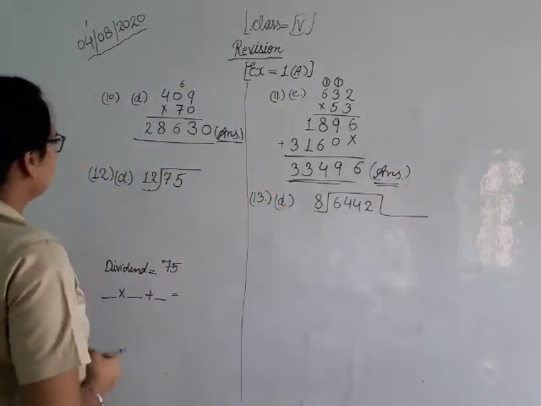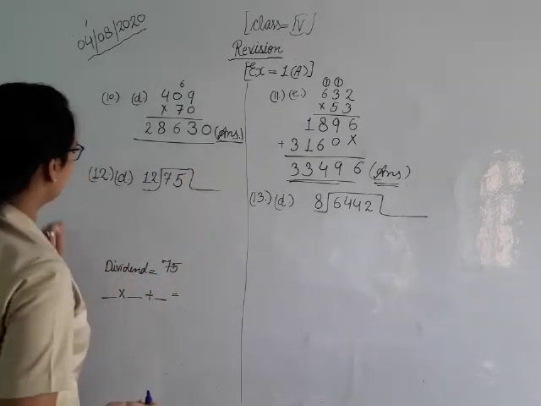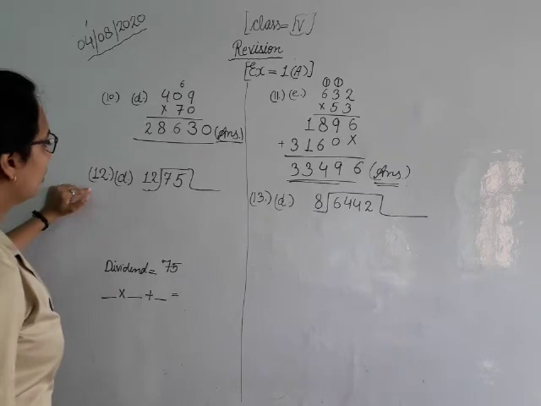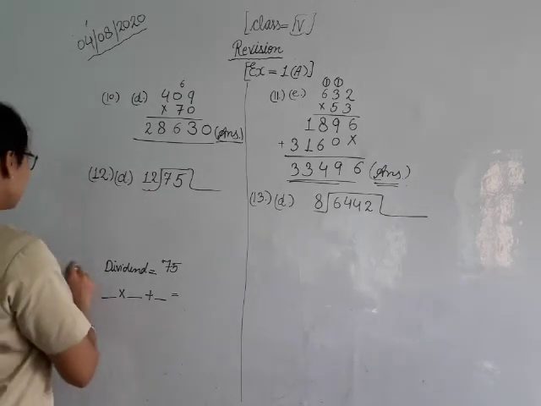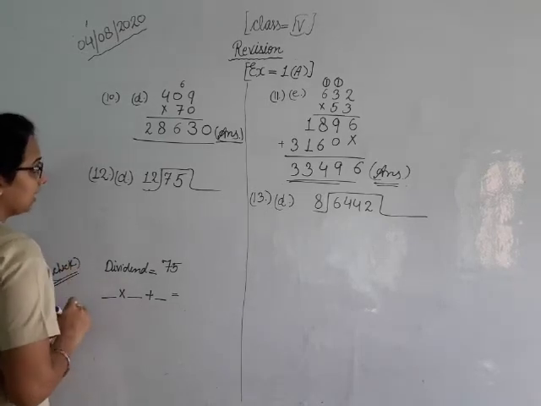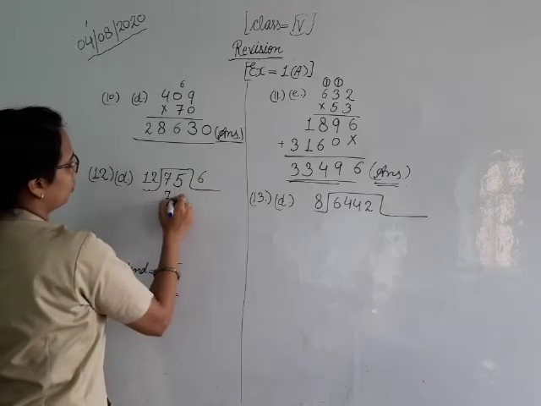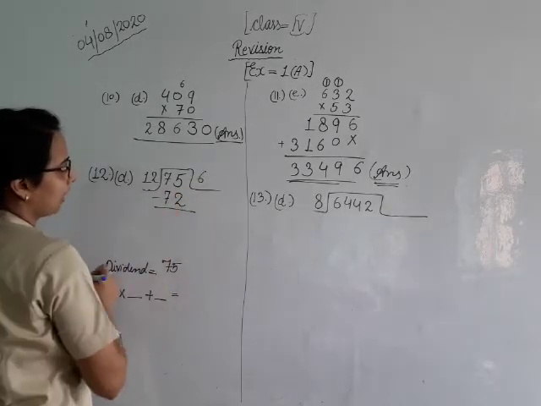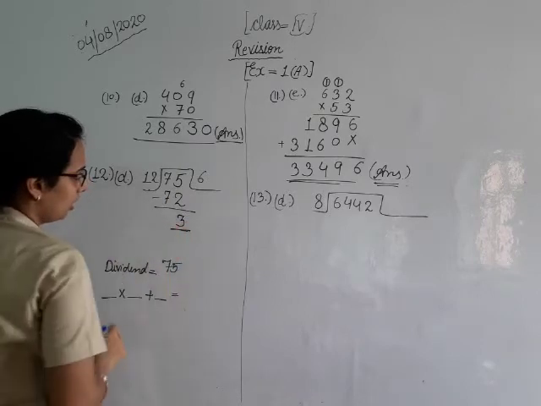Now coming towards our division. In this we have to divide, 12th part. Okay. So it is a simple division, and afterwards we have to check also. Okay. Then see, 12 6s are 72. Simple, and subtract it. 5 minus 2, 3. 3 is our remainder.